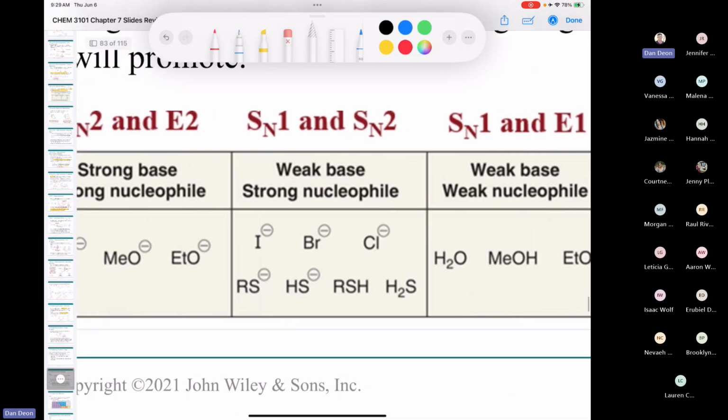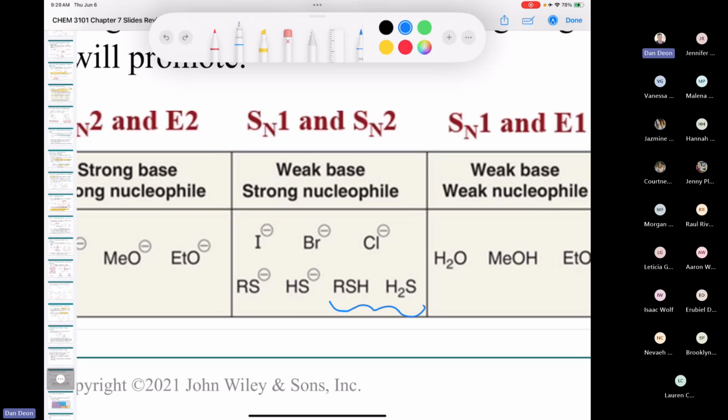The next one is a weak base, strong nucleophile. So all your halides, iodide, bromide, chloride, sulfide, your thiolates, hydrosulfide ion. And then you might be puzzled by these ones here because all the rest of them have negative charges, okay, and are the conjugate bases of things that are slightly acidic.